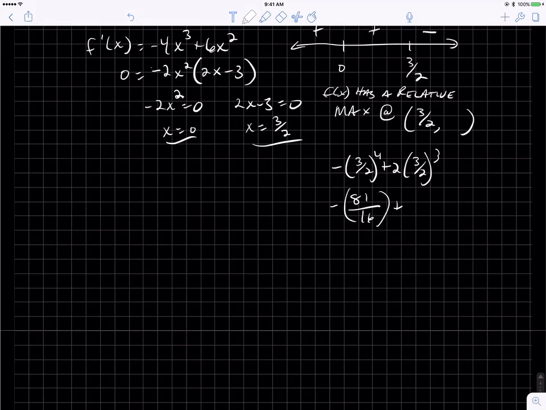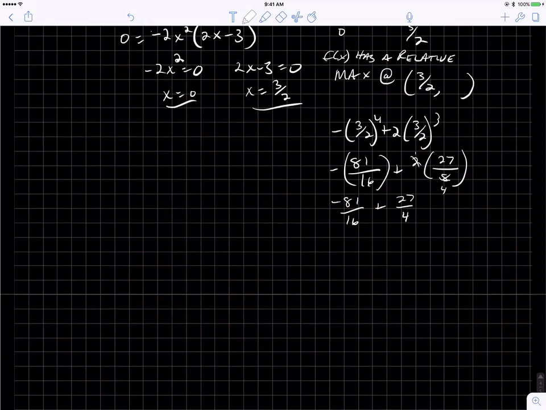Plus 3 cubed is 27. 2 cubed is 8. So I've got negative 81 over 16 plus 27 over 4, because that can cancel. If I get a common denominator, 27 times 4 is 108.